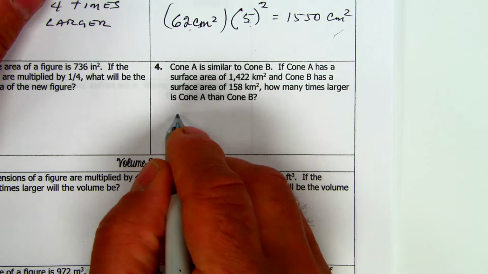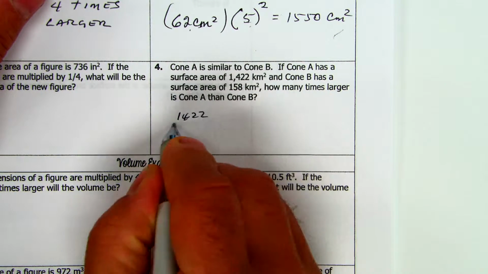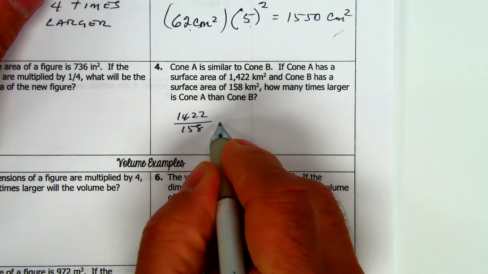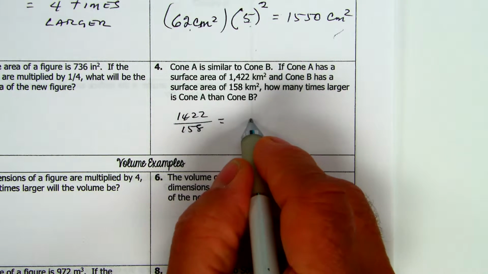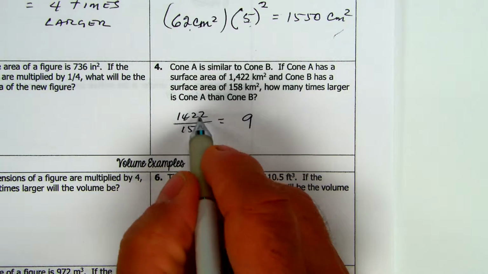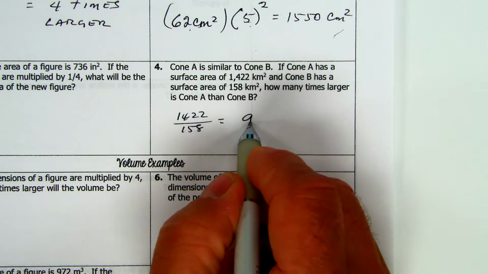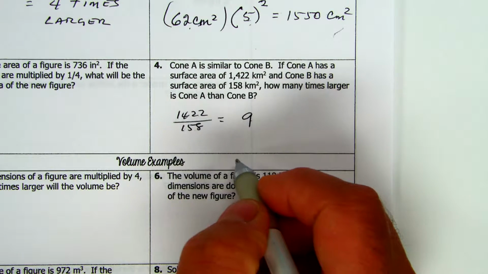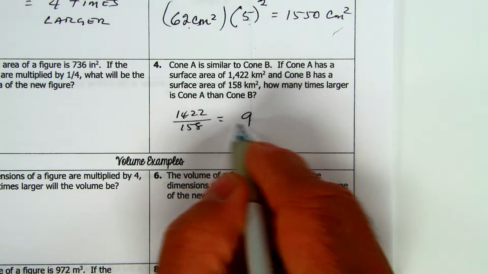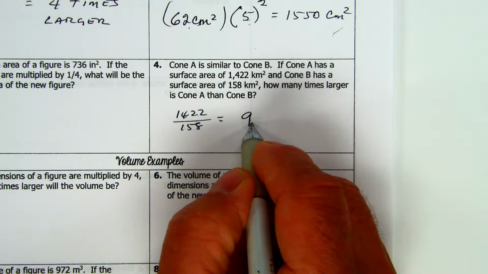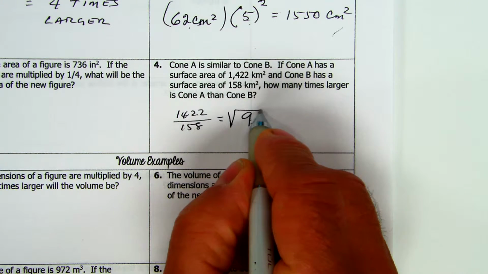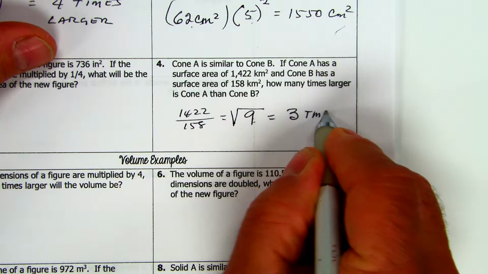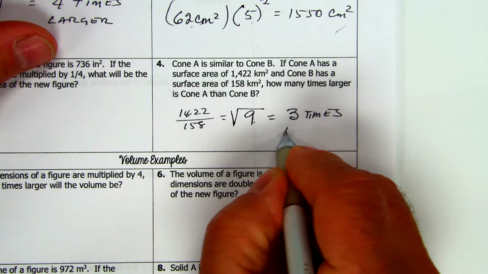So cone A, 1,422 divided by cone B, which is 158. If we put that in our calculator, we're going to come out with 9. But this is surface area we're looking at here. They want to know how many times larger cone A is than cone B. So this is area, so we have to convert it to dimension. So we're going backwards, so we're going to take the square root of this. So the answer is 3 times larger.